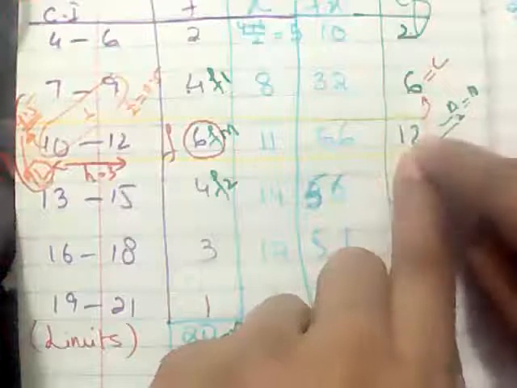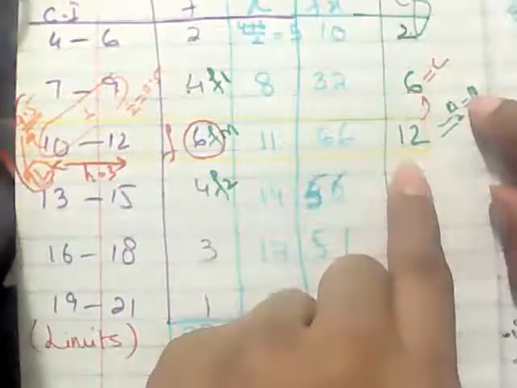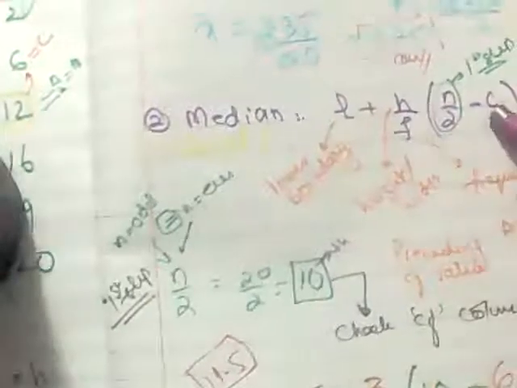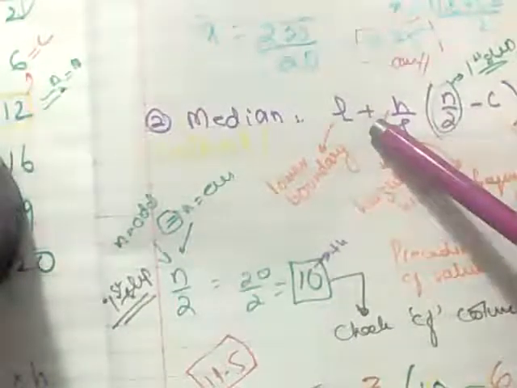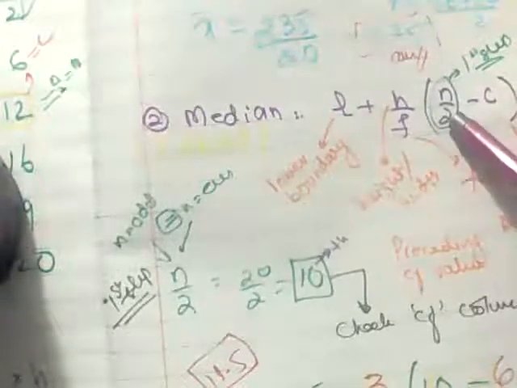So the 10th value is here. N upon 2, 10, is here. So just highlight this row. Why am I highlighting this row? Because the rest of the values L, H, F, C will be calculated by looking at that highlighted row.